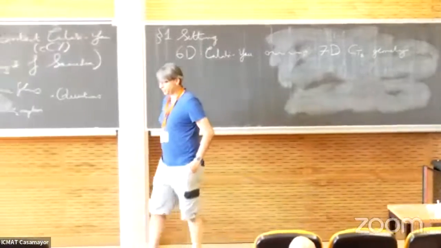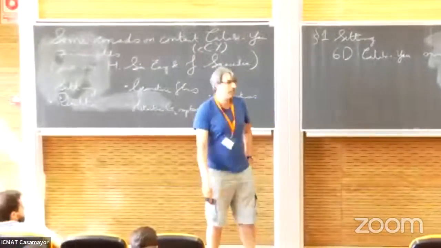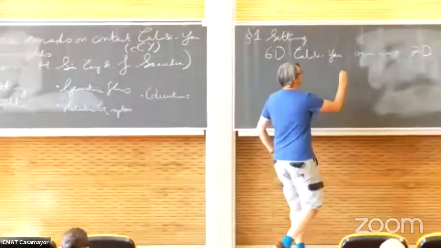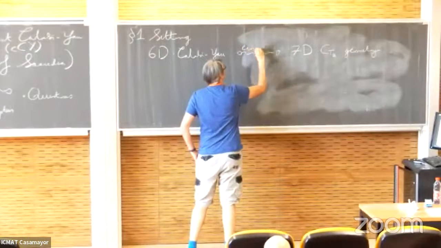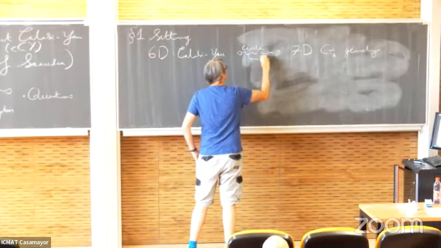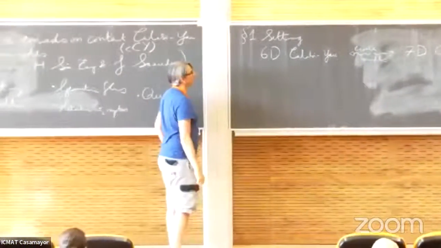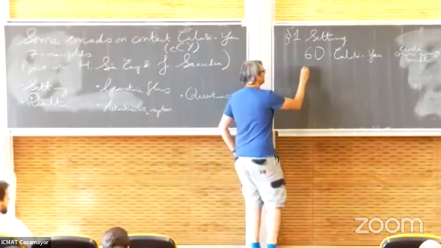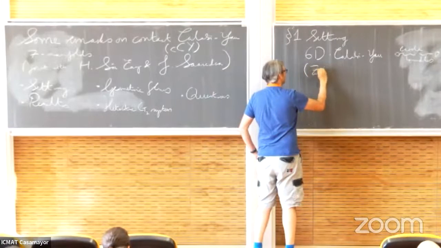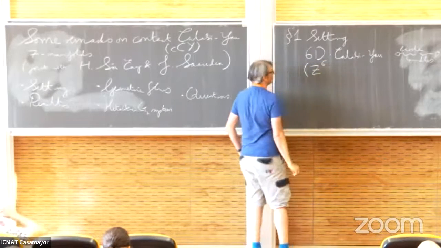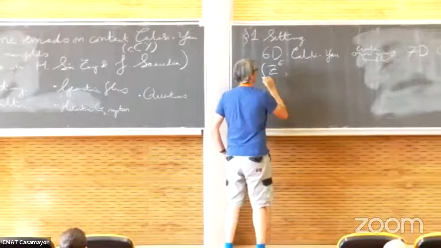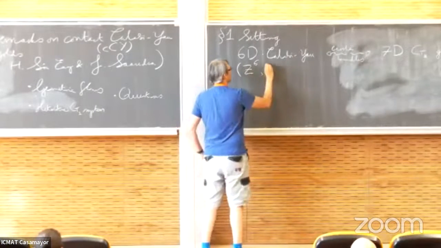And the relationship is not a complicated one, it's just via circle bundles. So on the Calabi-Yau side, we will have a real 6-dimensional, complex 3-dimensional manifold.